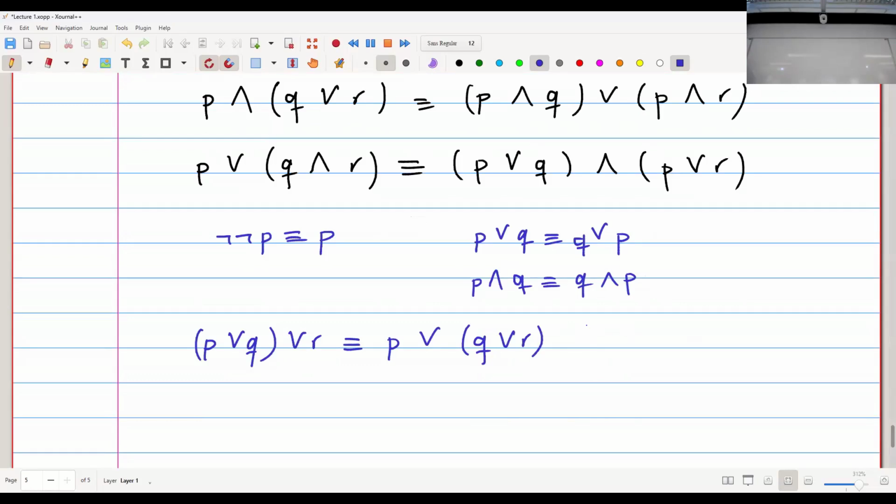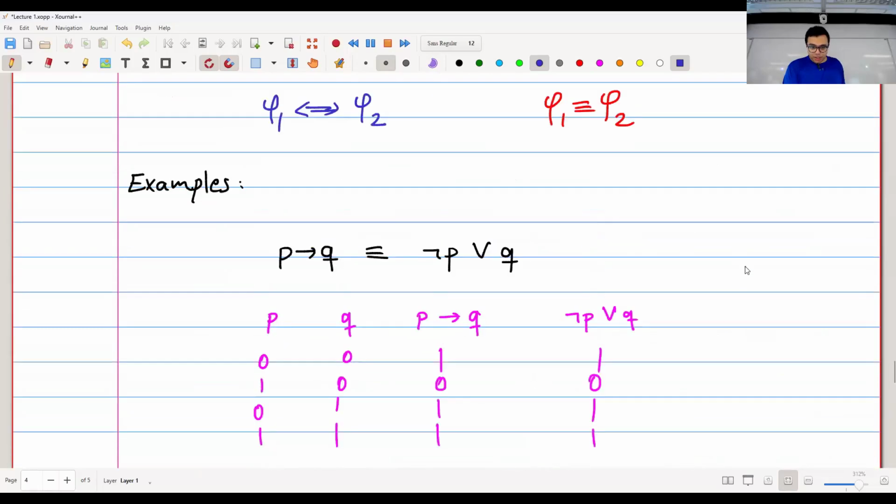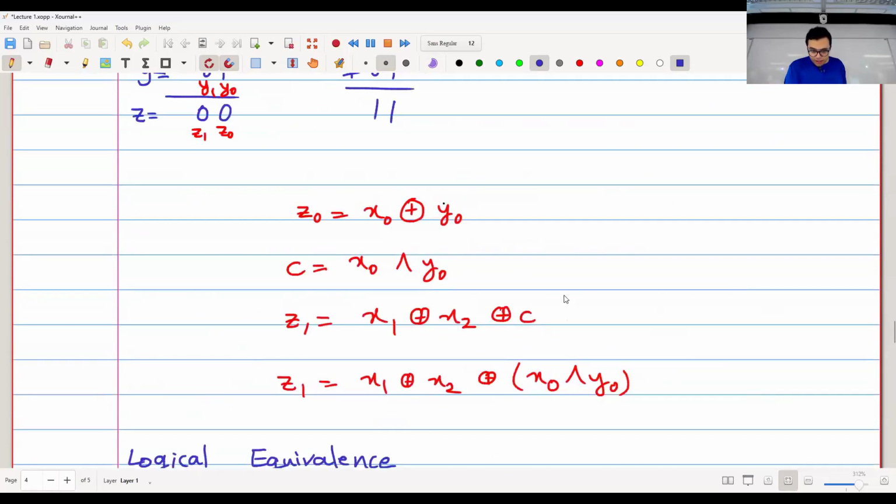It's going to give the same result. The same for AND. Okay, so P and Q and R is the same as P and Q and R. And by the way, the same holds for XOR as well. And I think I kind of used it here when I just wrote these XORs without putting any parentheses because the order doesn't matter.